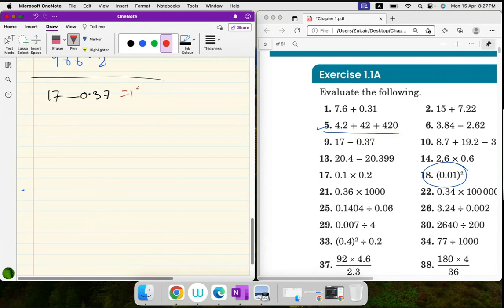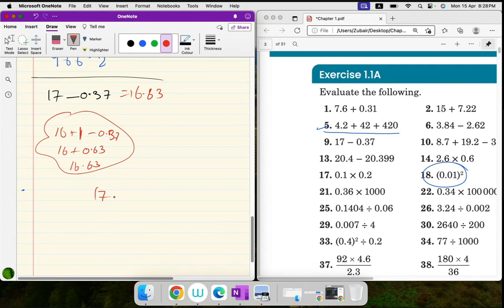Oh, very good. I was also thinking in my mind that I could keep 16 complete on the side and remove 0.37 from the remaining one. Yes, sir. And when we do that, I'm left with 0.63 and so 16.63.